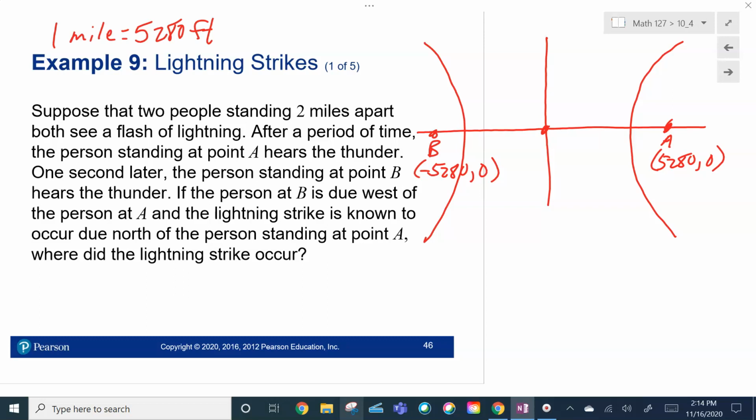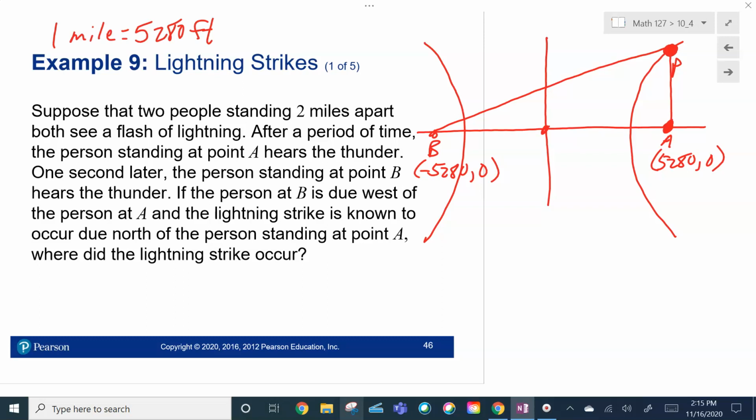Person B is due west, straight west of person A. The lightning strike is due north of the person, so it's right here. That's the point x, y. I'm going to call this point P. And it's right above them. So person A hears the lightning strike, however far this distance is, we don't know. 1 second later, person B hears that lightning strike.